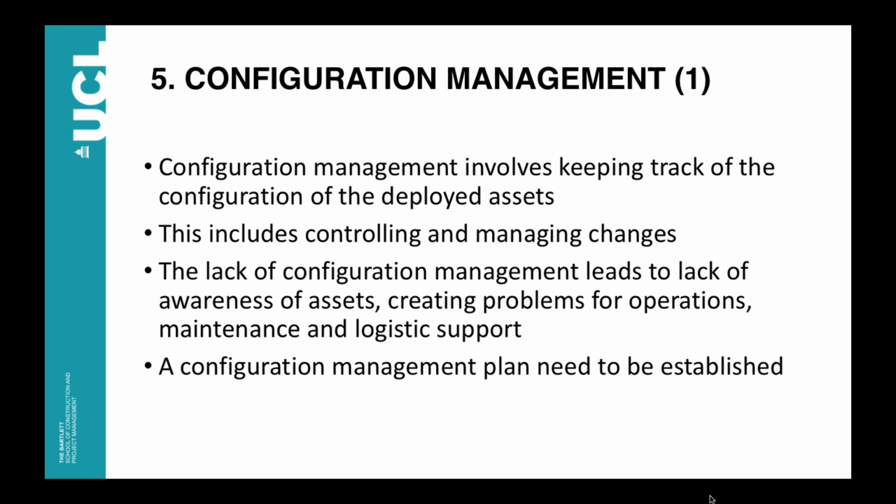For example, if we have different buildings, they will maybe be subject to different regulations, they will have different needs, etc. Also, the software embedded in physical assets needs to be included in the configuration management records. So it's important that you keep in mind that a configuration management plan needs to be established.